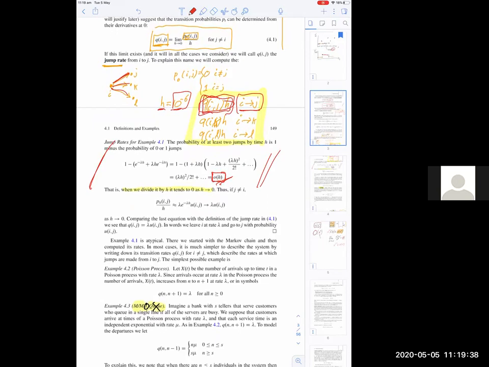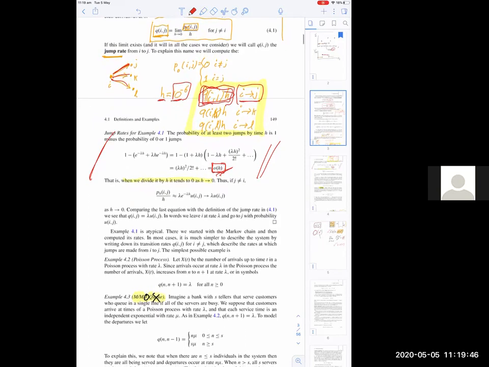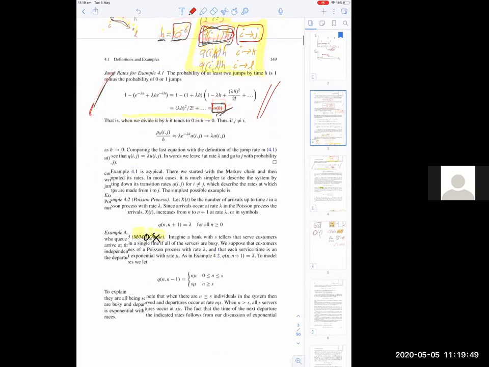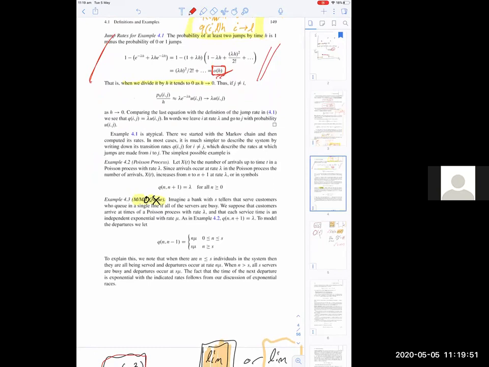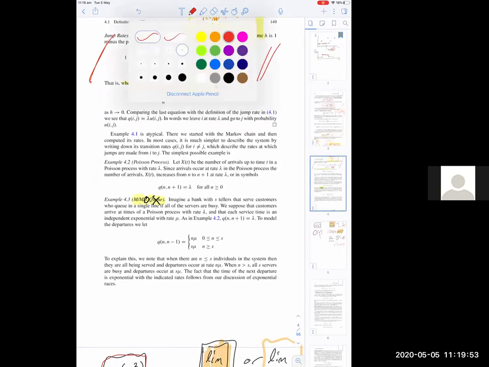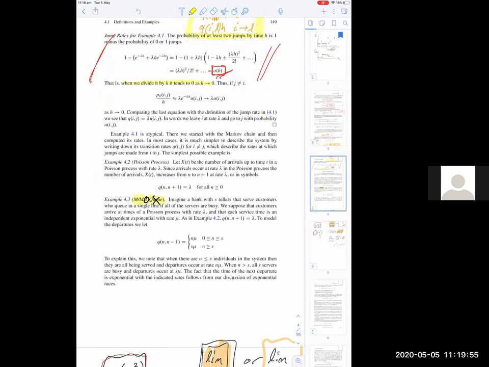We could have also defined the Poisson process with transition probabilities that had little o of h in them. So now if we go to example 4.2, it is just a Poisson process.